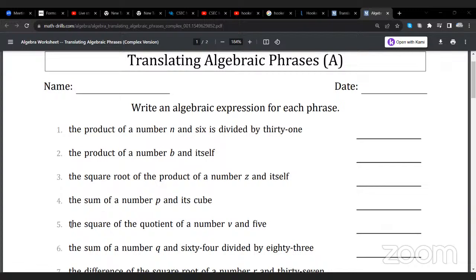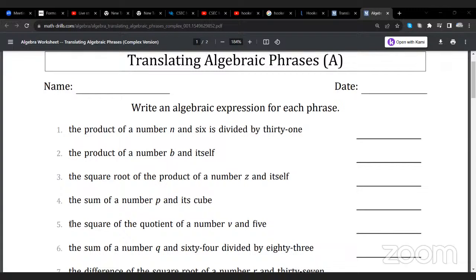All right, so Krishan took number 5, the square of the quotient of a number v and 5.